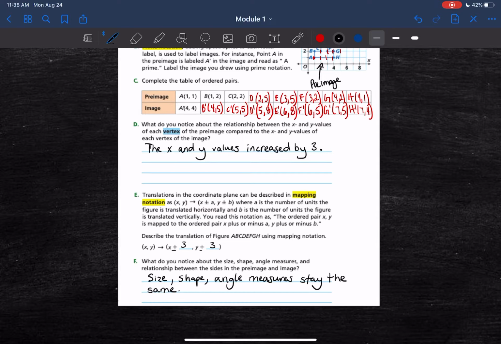All right, it is still congruent. They all have to stay the same. If any of the size, shape, or angle measures changed, then it would not be a transformation. It would not be a translation. All right, so let's go ahead and move on to our next example here.